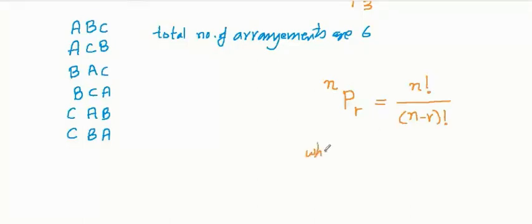I will write here: n factorial is, we write the number n times a number smaller than that, which is n minus 1, and a number smaller than that, n minus 2, and we keep on decreasing 1 from these numbers until we reach 1, like 3 times 2 times 1.